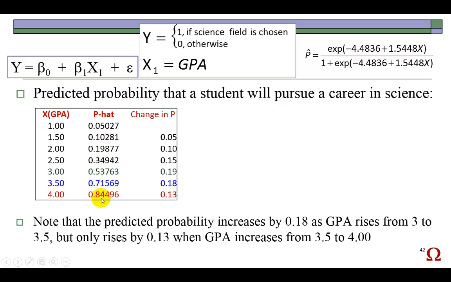But quite remarkably, the change in probabilities is not the same, it's not linear. So for example, the predicted probability increases by 0.18 as GPA rises from 3 to 3.5. You can see it right here. But it only rises by 0.13 right there when GPA increases from 3.5 to 4.